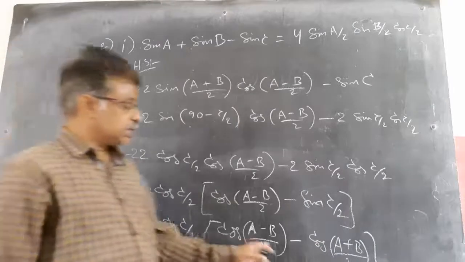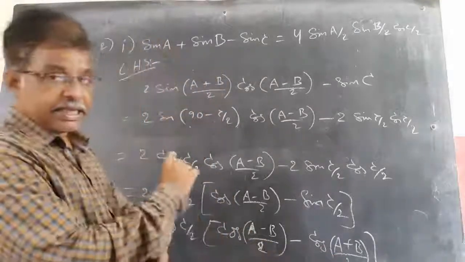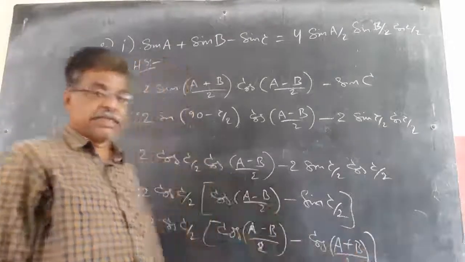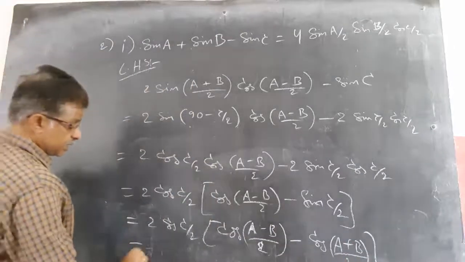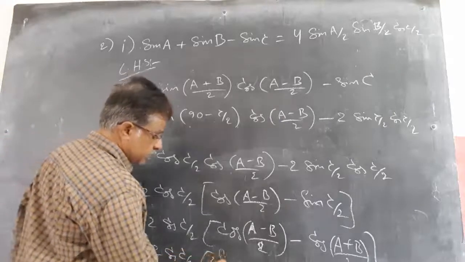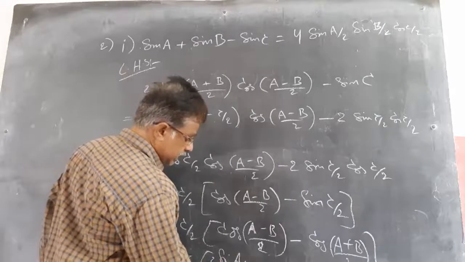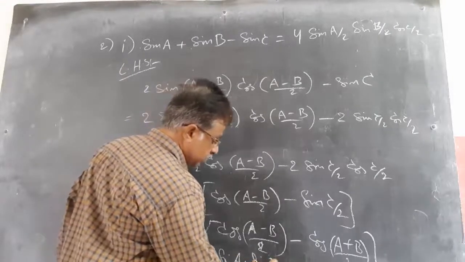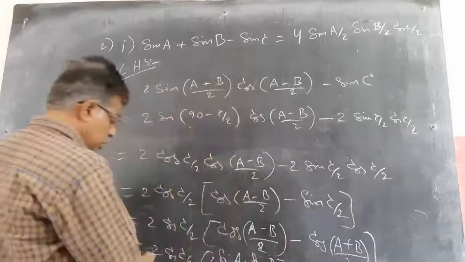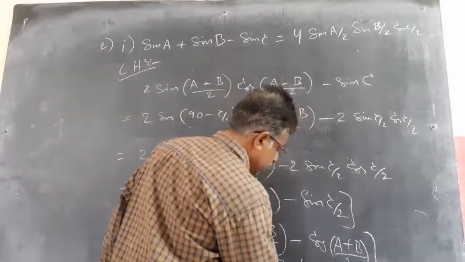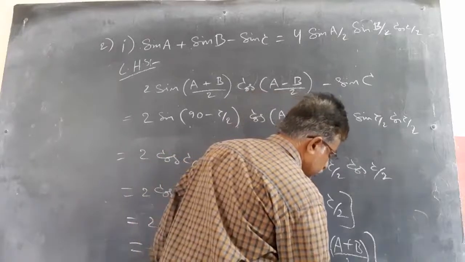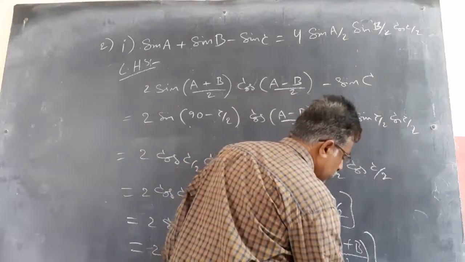Now this is cos A minus B minus cos A plus B, which is 2 sin A sin B. So it becomes 2 cos C by 2 into 2 sin A by 2 sin B by 2, which gives rise to 4 sin A by 2 sin B by 2 cos C by 2.